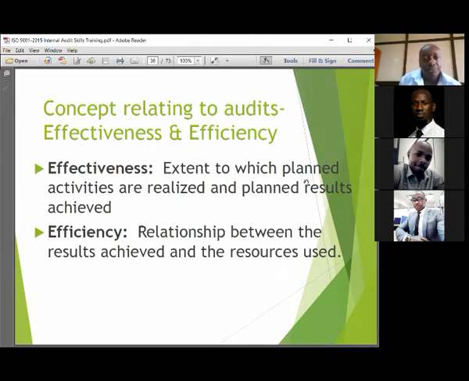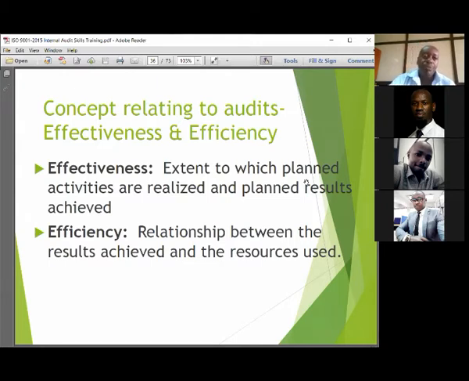People usually confuse effectiveness and efficiency. So as you do the reporting, be careful when you are using the word effectiveness or efficiency. Effectiveness is about the extent to which planned activities are realized and planned results are achieved. So if you are to achieve a certain target and it was achieved, the process is effective.